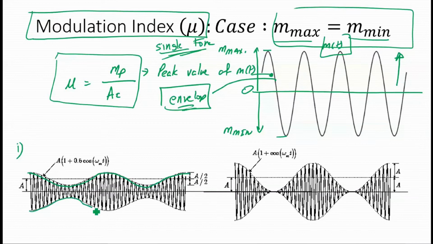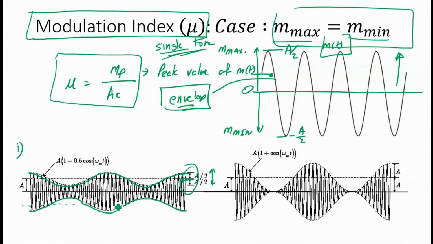And within this envelope, we have high frequency carrier. But you can observe that this is basically oscillating up and down by unit A by 2. So this means that this is simply A by 2 and this is minus A by 2, right? So this is represented over here.